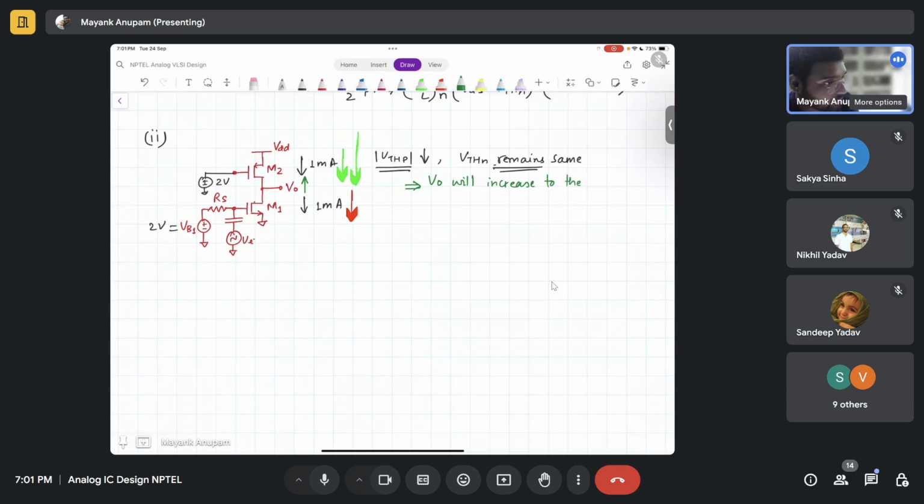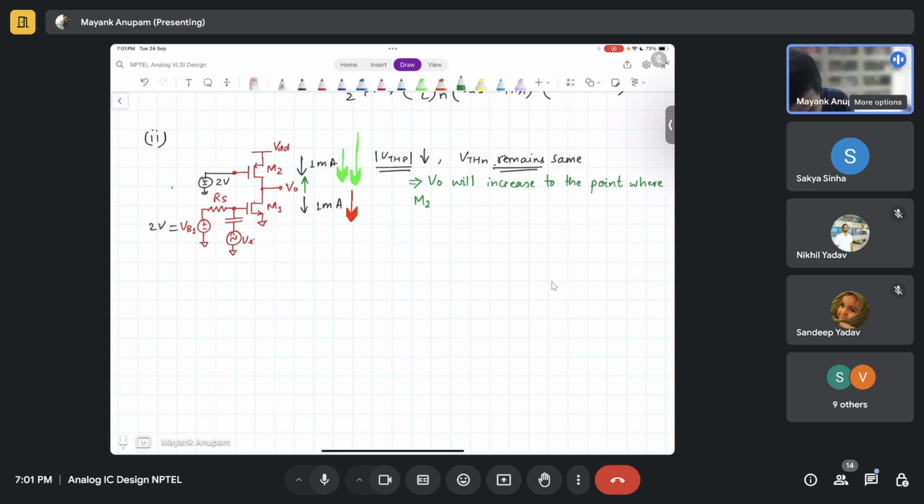Come on, tell me. I've spoken a lot on this and I wanted to answer now. So V0 will increase, that is known. Till when will it increase? M2 reduces the current. Yeah, so when will it start reducing the current?